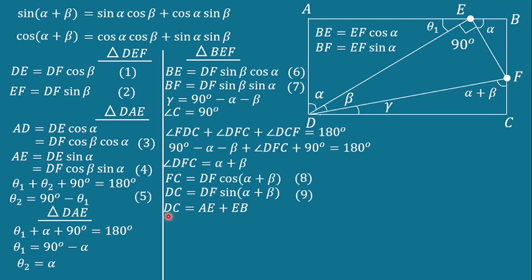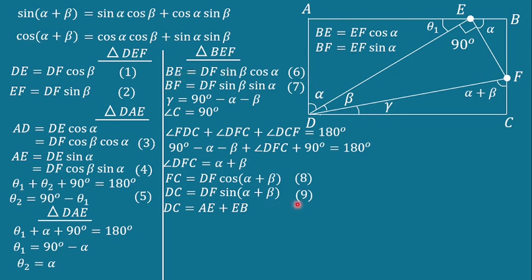And we know the values of DC, AE and EB. From equation 8, I have DC equals this thing. From equation 4, I have AE equals this thing. And from equation 6, I have BE or EB is equal to this thing.